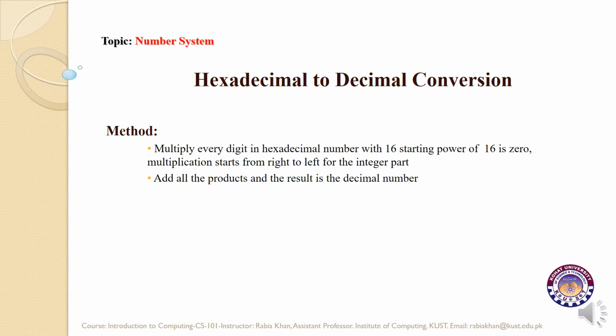So digit 10 is represented by alphabet A, 11 is represented by alphabet B, 12 is represented by alphabet C, 13 is represented by alphabet D, 14 is represented by alphabet E, and 15 is represented by alphabet F. So a total of 16 symbols are used to represent a hexadecimal number.